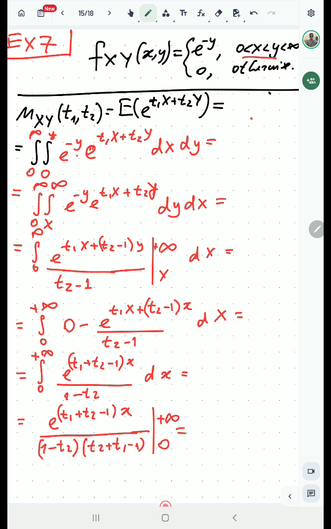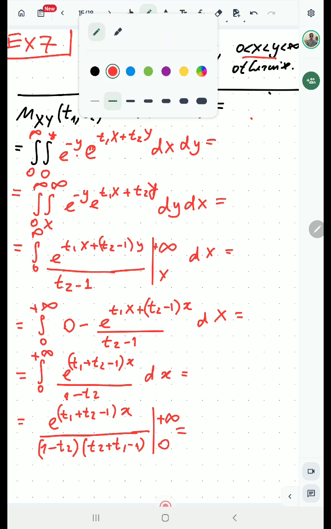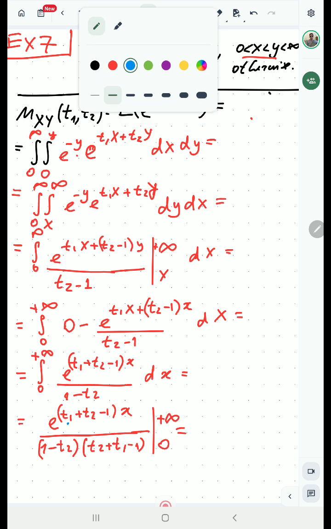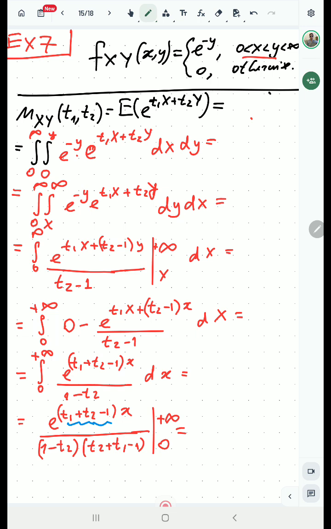If you plug positive infinity, we have to impose the condition that this coefficient here is negative. Otherwise, the moment generating function cannot exist.